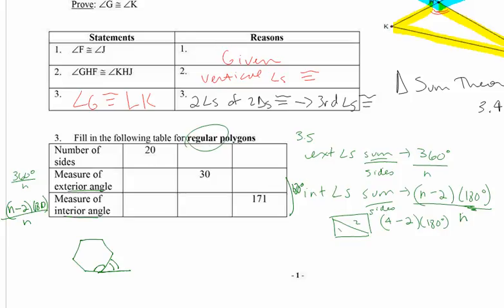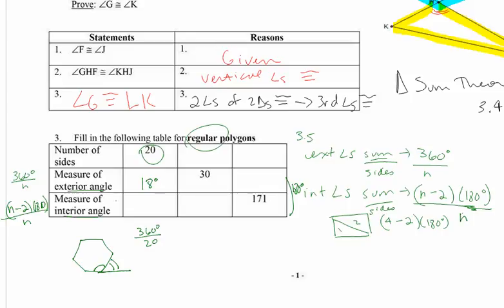In the first column, we've got 20 sides. That's quite a polygon, 20 sides. This formula is pretty easy to plug into, so I'm going to do 360 divided by 20. When I divide 360 by 20, I get 18. So 18 degrees for an exterior angle.